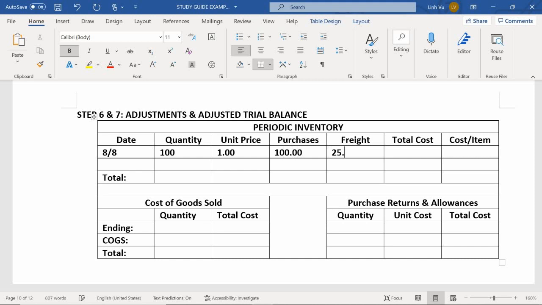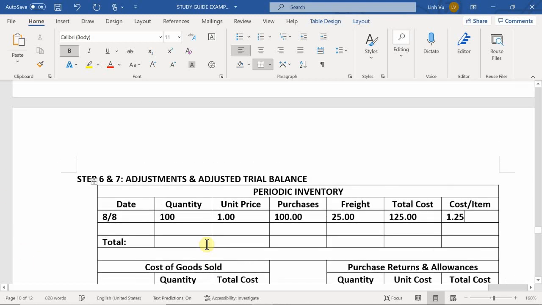We have a freight of $25. The total cost is 125. I don't have my calculator. Oh, because it's $1.25, no? Yep, $1.25, correct.